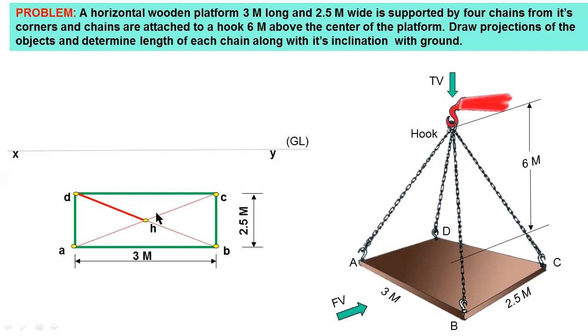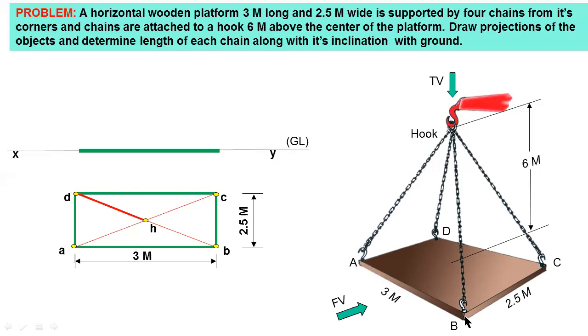Then after you have to project these points in the upward direction, that is, you have to draw a front view. For front view you have to observe from this side.